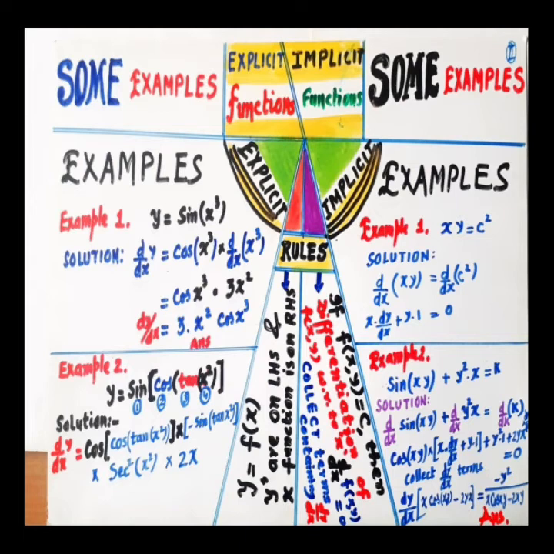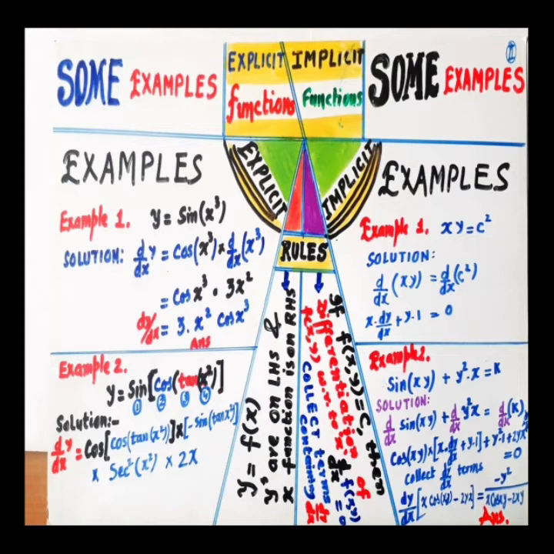Now, this is explicit. So, derivative of sine is cos, x cube stays as it is, and derivative of x cube is 3x square. Question is done. Very simple.